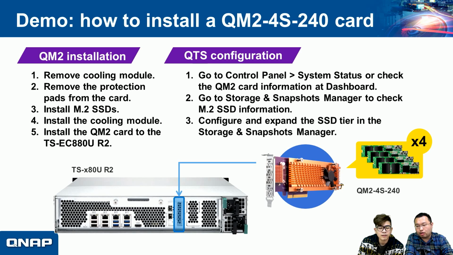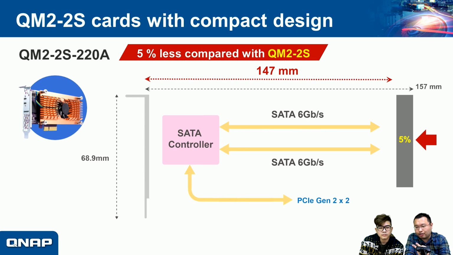Yeah. So we have also come out with 2 different cards that have a more compact design. The first one is the SATA version, the 2S, and you will see the -220 behind that. This SATA version of QM2-2S, with dual SATA ports, is 5% shorter in length compared to the current QM2-2S.